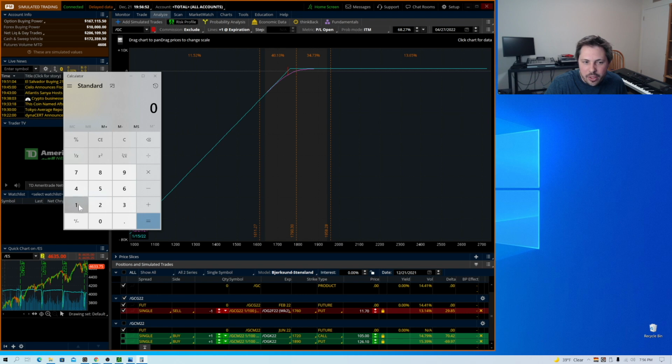We bought gold at 1760, where we sold the put. Times 100 troy ounces, that means we would need to pay $176,000 to take delivery of our 100 troy ounces of gold.